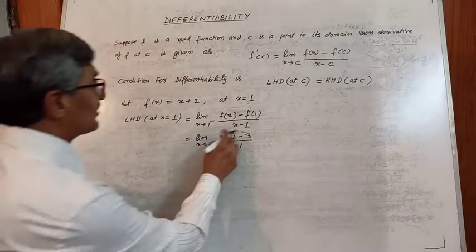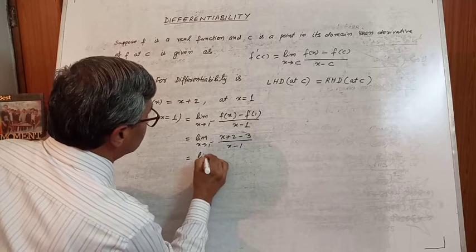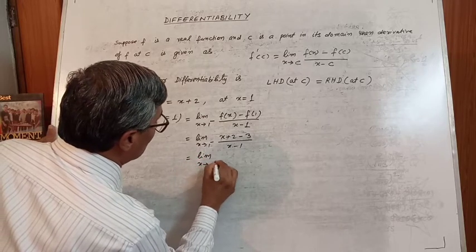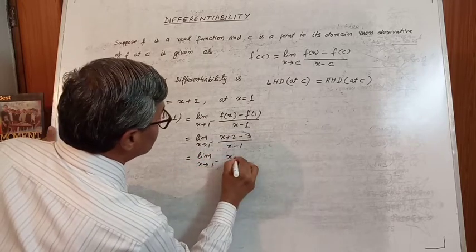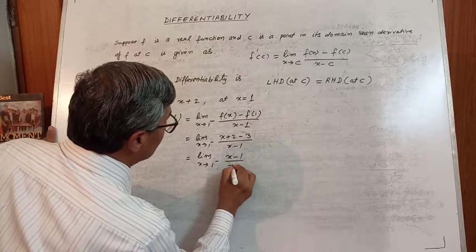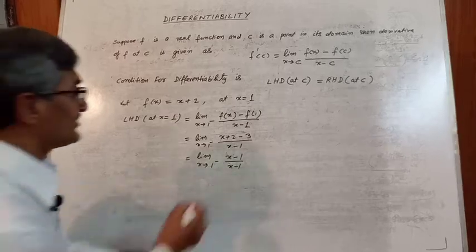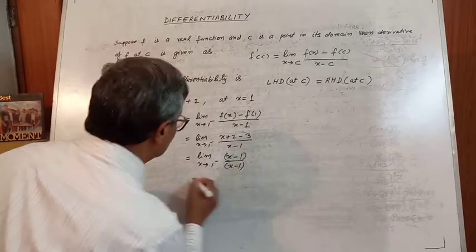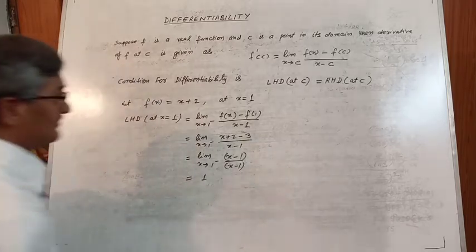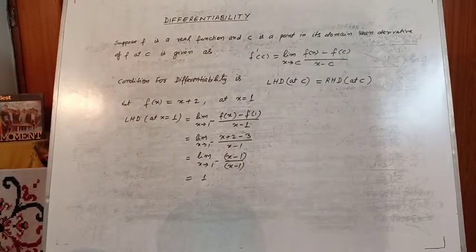Now we find limit x tends to 1 minus of x minus 1 divided by x minus 1, this will give 1. Same way we will find right hand derivative.